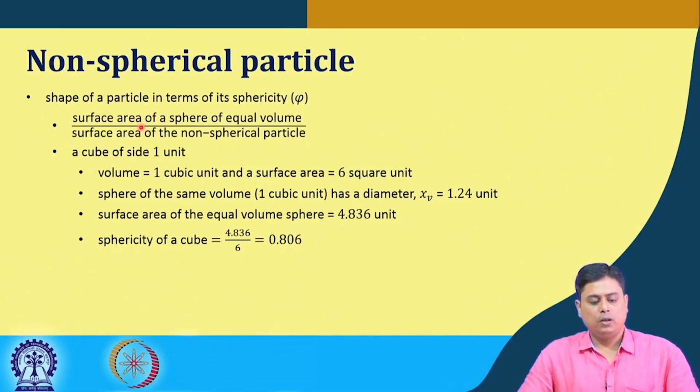For a cube of, let us say, side length 1 unit, the volume is 1 cubic unit and the surface area is 6 square units. Now, by definition, the sphericity uses the surface area of a sphere having the equal volume of that irregular shaped object. A sphere having 1 cubic unit in this example will have a diameter that we can calculate as 1.24 unit.